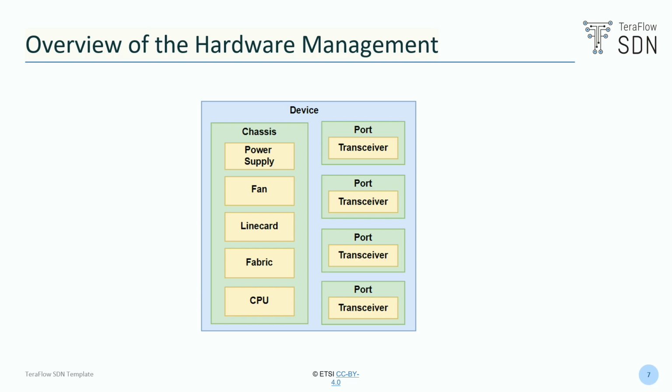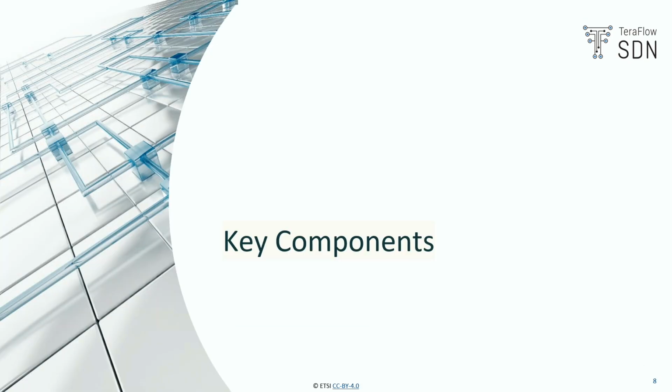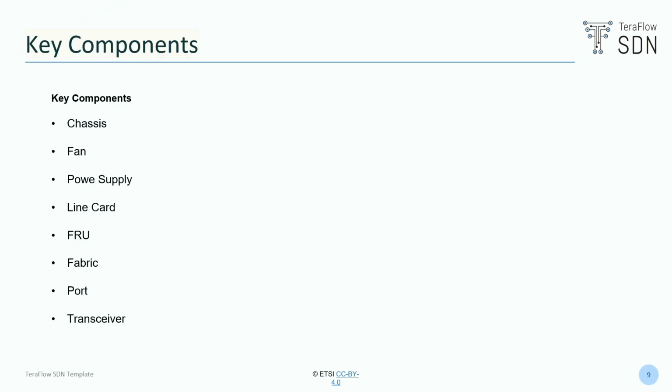The physical devices don't retrieve this parameter. And later we have the ports with their own transceiver. As I explained, more or less these are the most important components that we identify and that we implement in TeraFlow with the hardware inventory. That are the same, but with the FRU also.